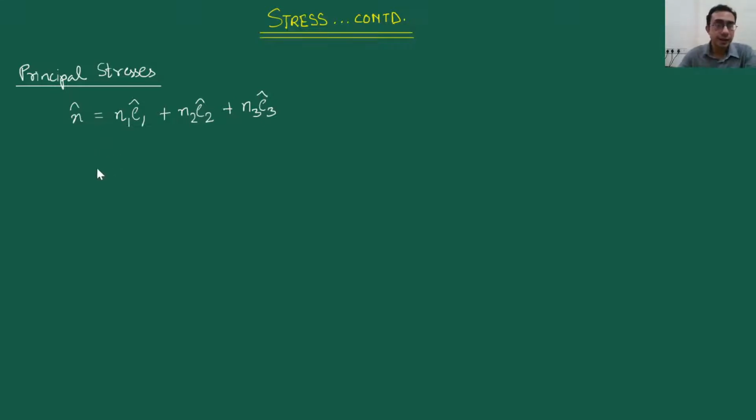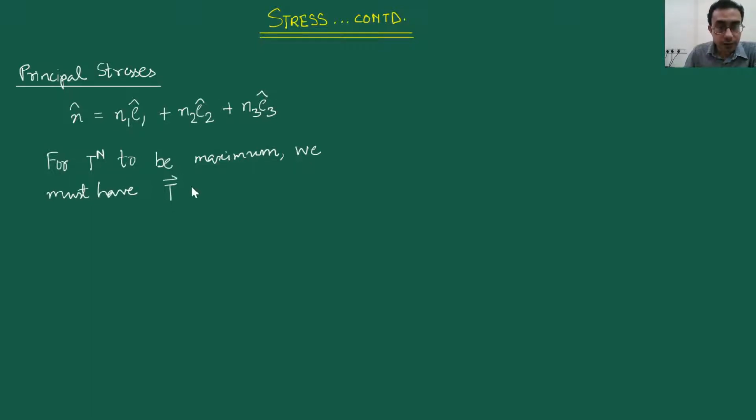Now what we are saying is that, for Tn to be maximum, we must have the t vector parallel to n hat.